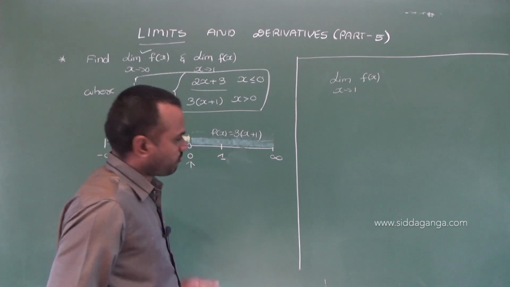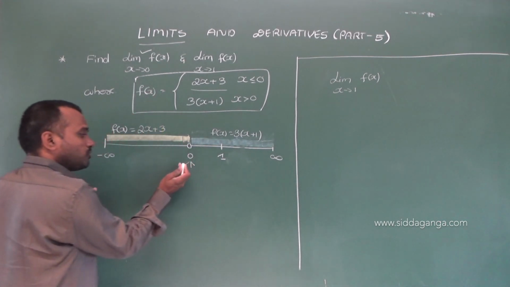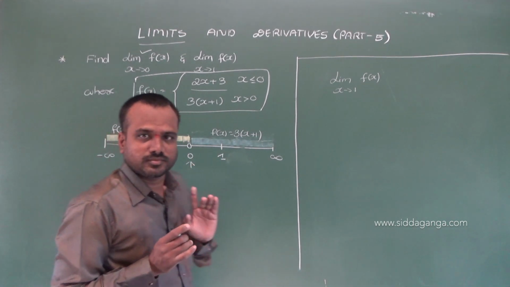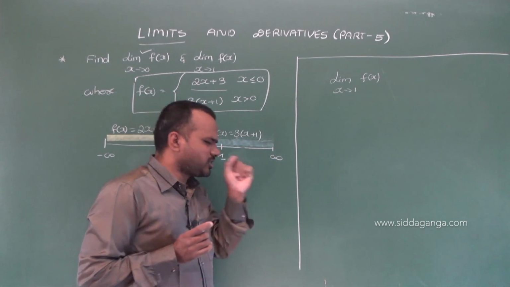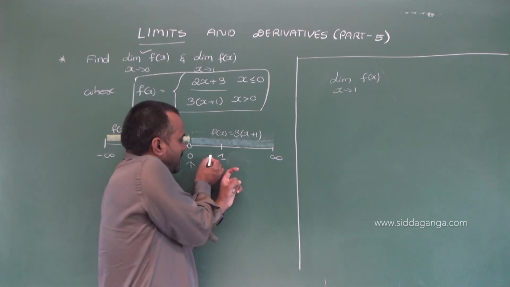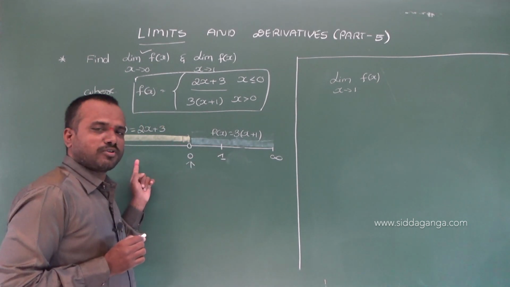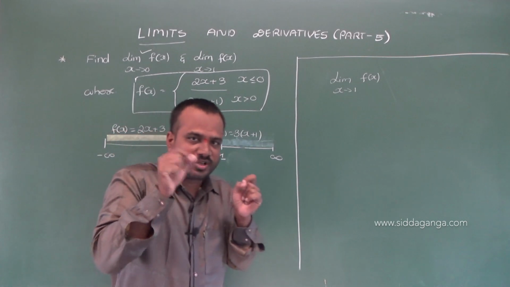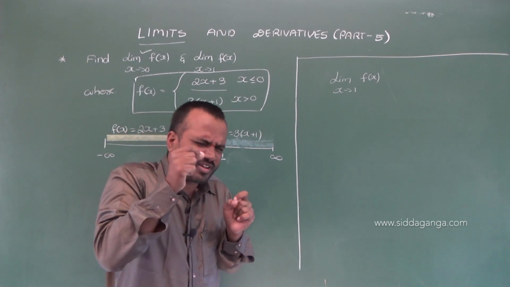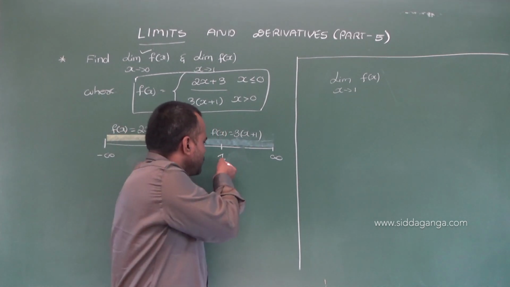For left side approaching, not so far away, we are approaching a negligibly small value. That means I start from 0.9, not from minus 1, not from minus 2. So the approaching value start is very, very important. It should be very near to that domain.